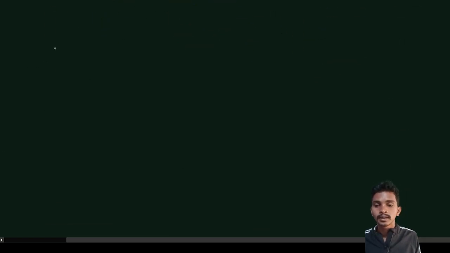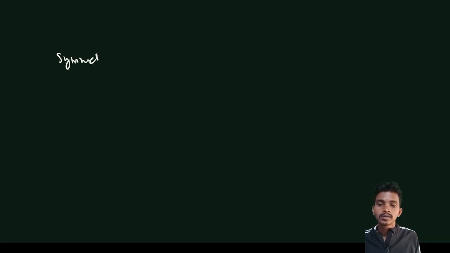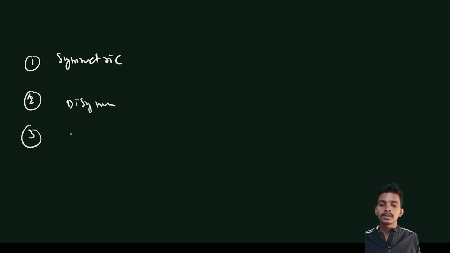This one also we can say in terms of symmetric groups, dissymmetric and asymmetric. Here first we have the improper axis, and this is the proper axis.